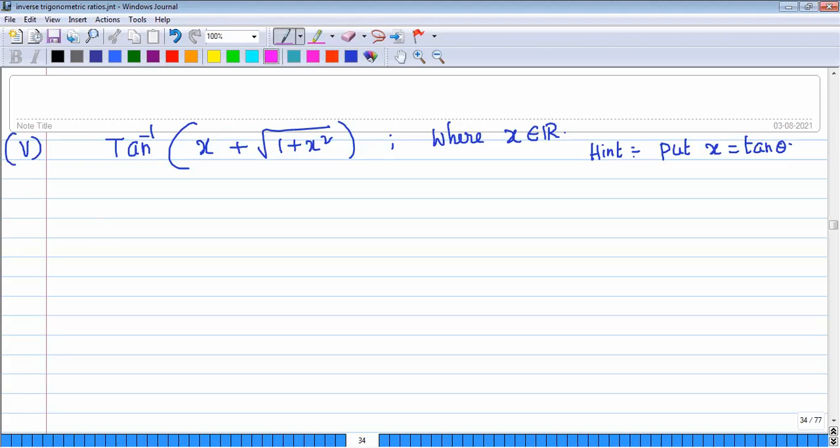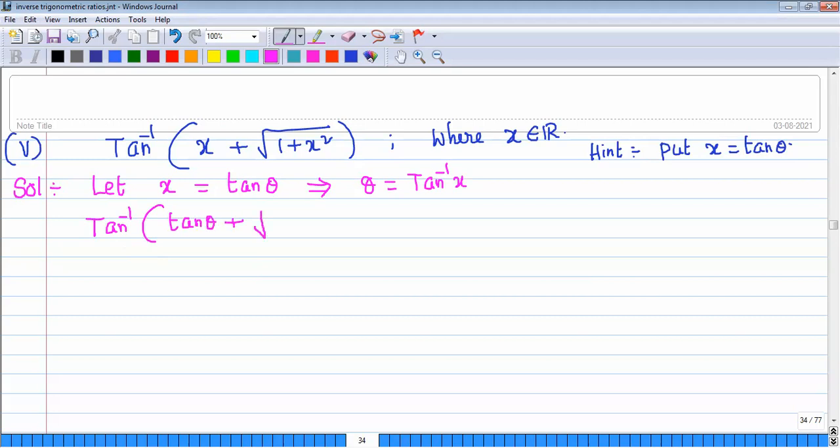So now, let us say x is equal to tan theta. That implies theta is equal to tan inverse x. Am I correct? Now, as far as the question is concerned, tan inverse of tan theta plus root of 1 plus tan square theta.